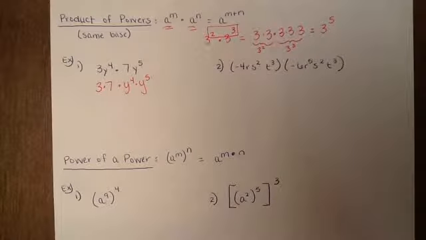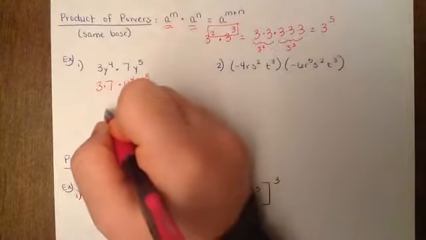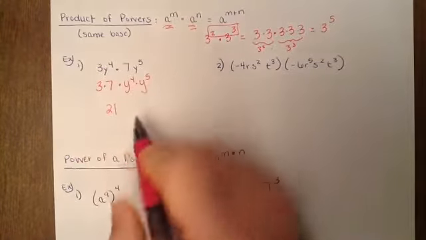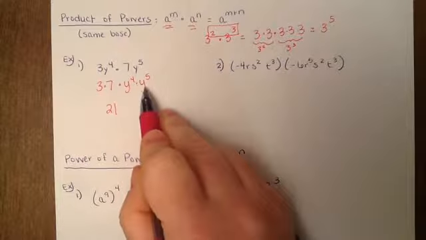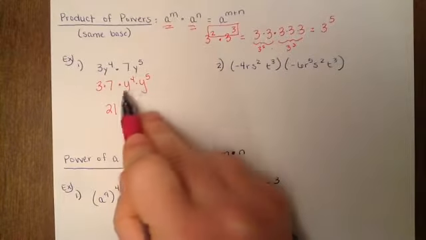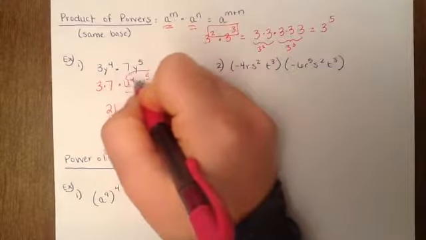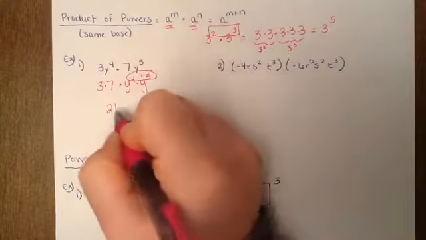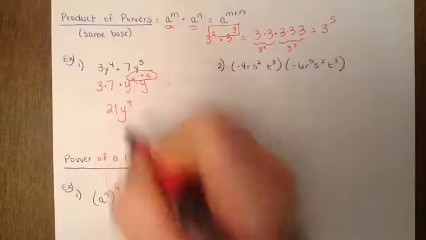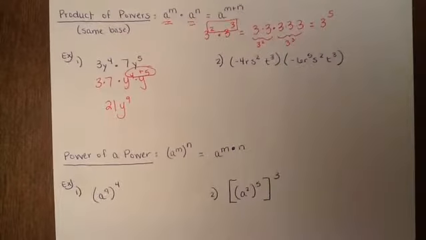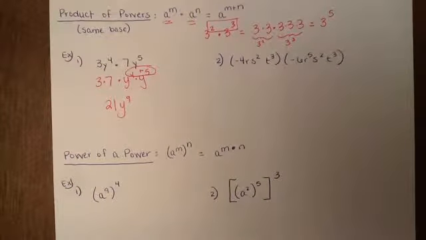I'm going to move that order around. 3 times 7, 21. Y to the 4th times y to the 5th. The base is the same. They're both y's. So what do I do with these exponents? Add. You would have 9 y's all listed out if you were to list all of them out in multiplication. And that is it.